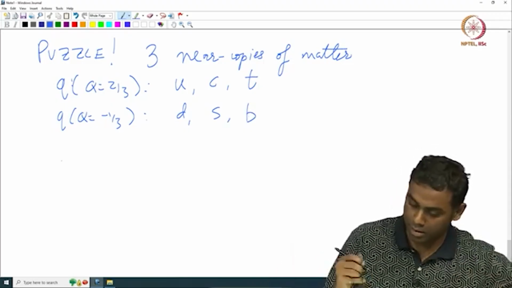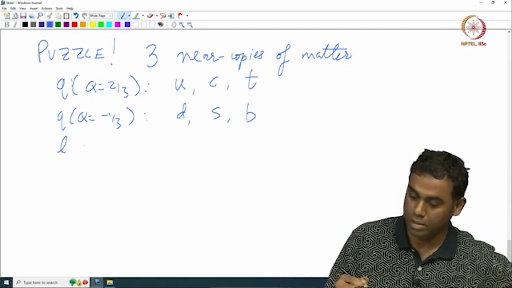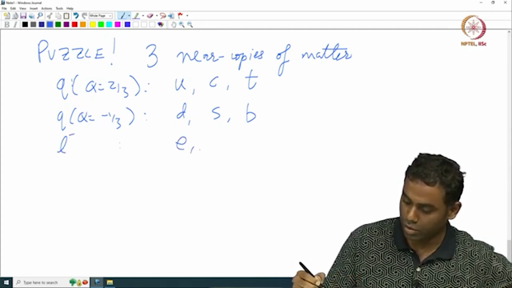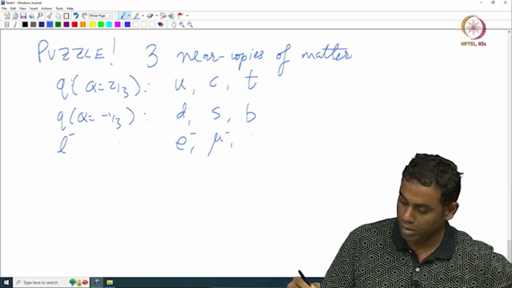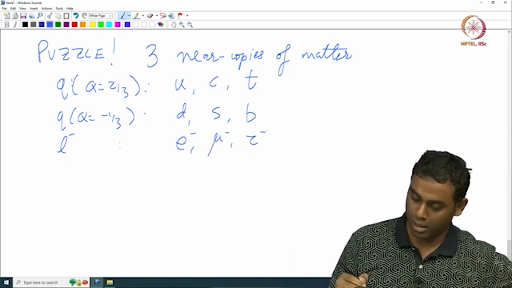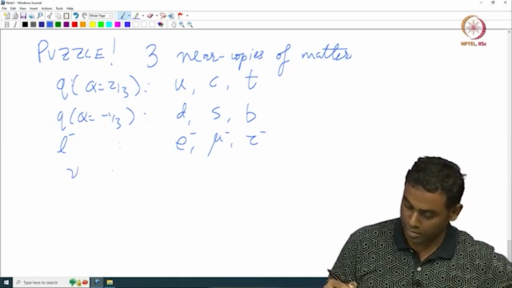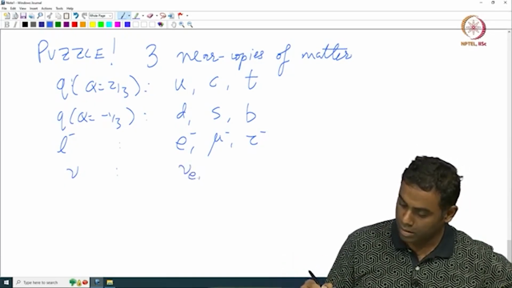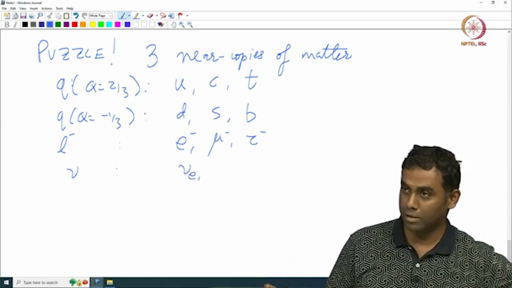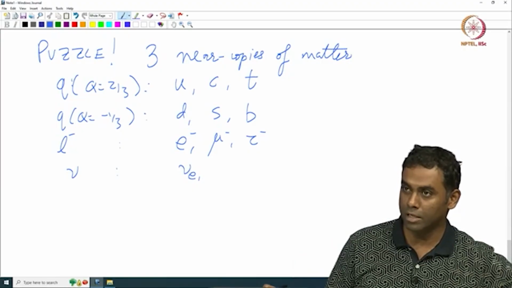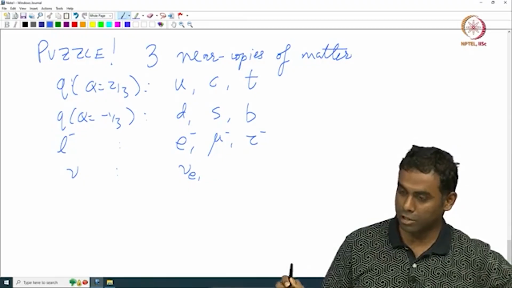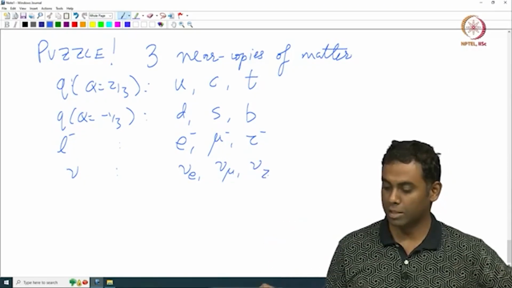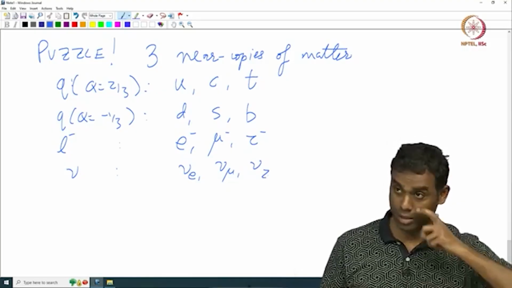And as far as charged leptons go, I have the electron, the muon and the tauon. And as far as neutrinos go, in flavor eigenstates at least, there is the electron antineutrino, muon antineutrino and tauon antineutrino, right.